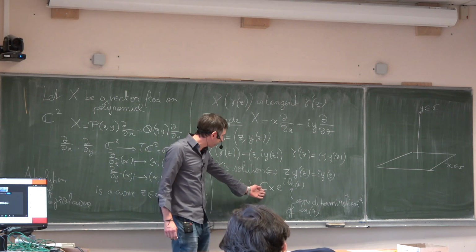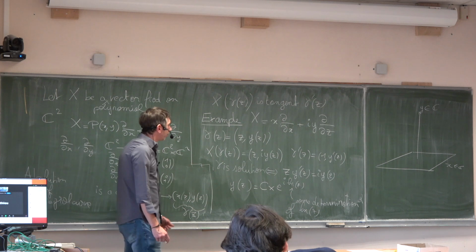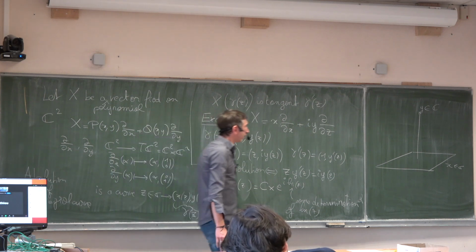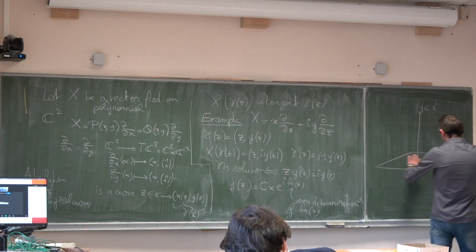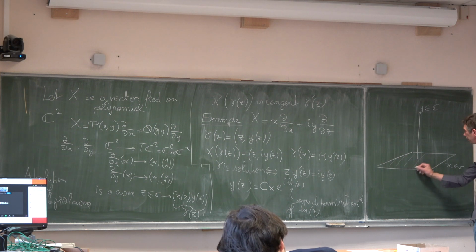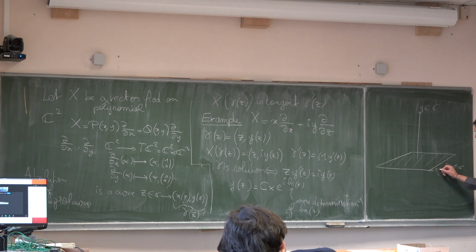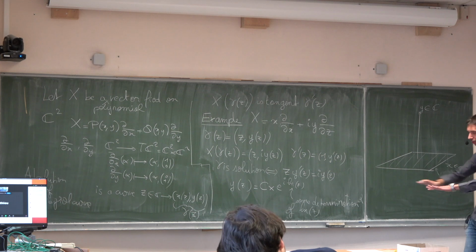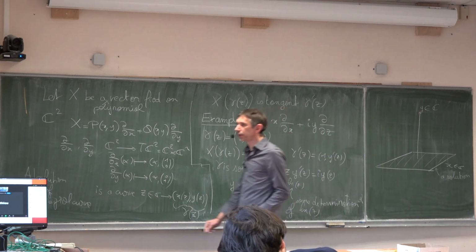So if you put c equal to 0, you have a uniform solution, whose graph is the x-plane. So you have this, which is a whole solution. This is a uniform solution, which is defined everywhere on the complex plane.